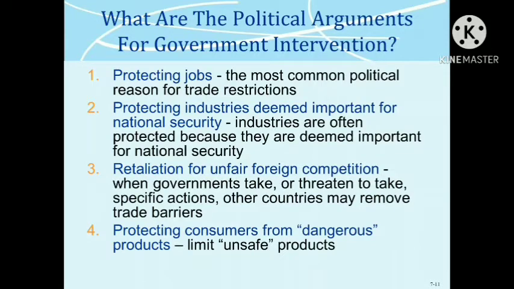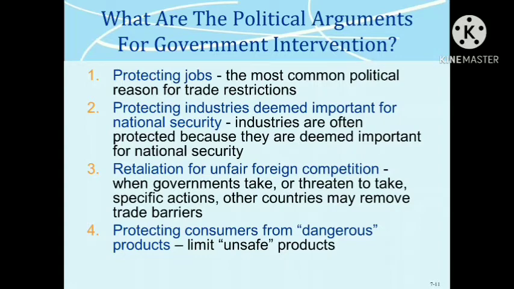So here, what are the possible political arguments for government intervention? Number one, the most common political argument for government intervention is that it is necessary for protecting jobs or even industries from unfair foreign competition.